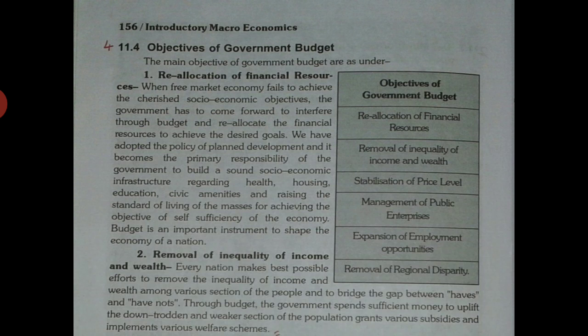If there are fluctuations in the prices of goods and services, that will affect the economy adversely, and through the budget the government can make an effective control over the price level. So this is the third objective of making a government budget.